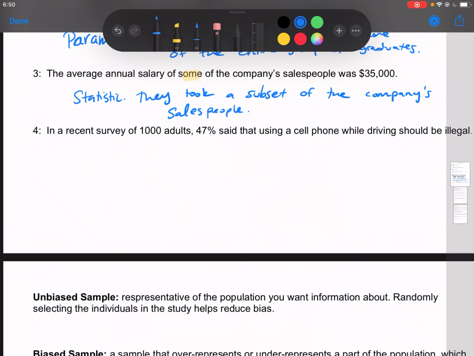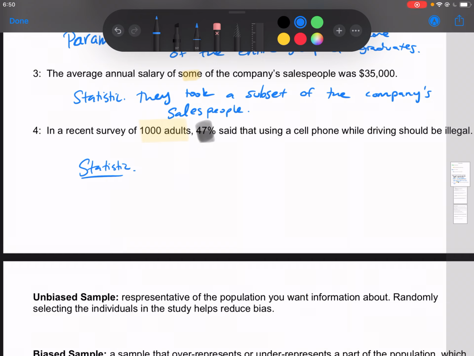All right. Next one, in a recent survey of 1,000 adults, 47% said that using a cell phone while driving should be illegal. So 47%, since it's coming from just 1,000 adults, that means we're taking a subset of the adults. We're going to say this is also a statistic.